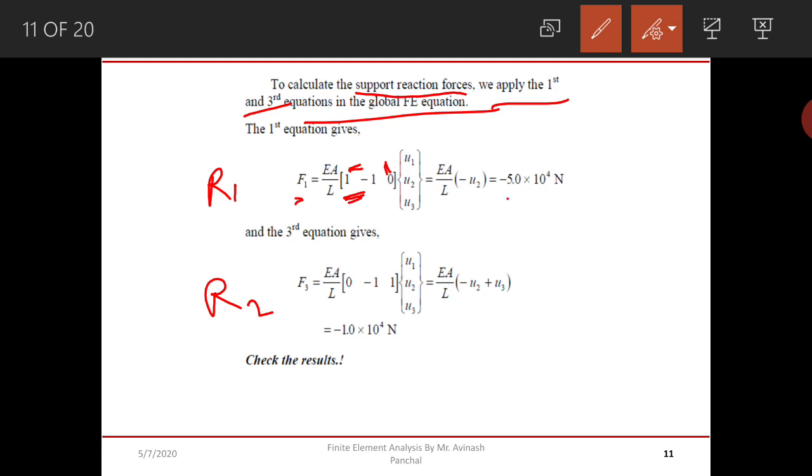So by calculation we get the value of minus 5.0 into 10 to the power 4 Newton, and for F3 similarly we get R2, the reaction at node number 3, and it becomes 1.0 into 10 to the power 4.